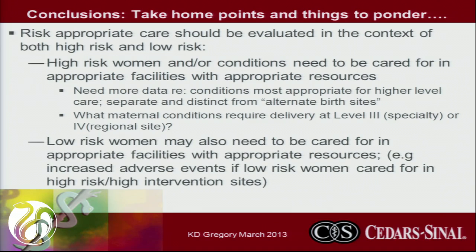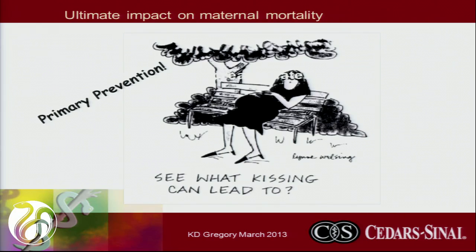And then finally, low-risk women may also need to be cared for in appropriate facilities with appropriate resources, keeping in mind that increased adverse events occur if low-risk women are cared for in high-risk, high-intervention sites.